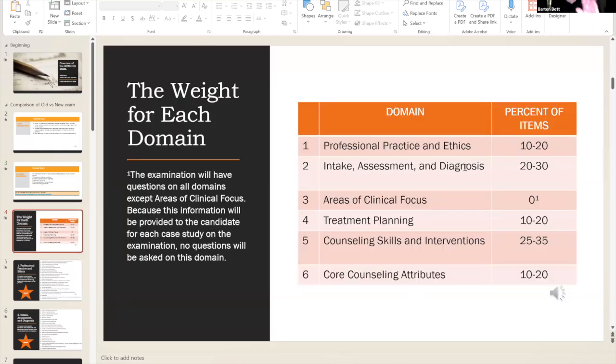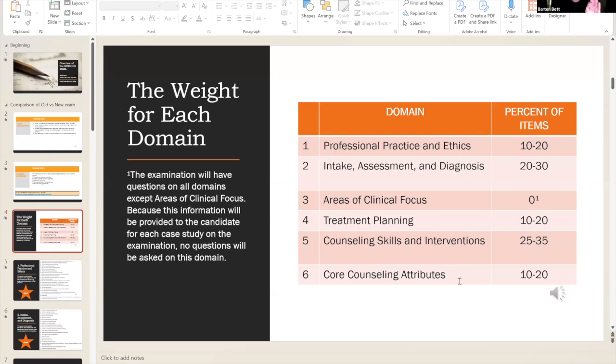Basically, the weight of each domain, that is how much emphasis is placed on each one, which also coincides with how many questions there are in regard to each domain, are as follows. Domain 1, professional practice and ethics, 10 to 20% of the exam. Intake assessment and diagnosis, 20 to 30% of the exam. Oh, wait, I thought I said there were 5 domains.